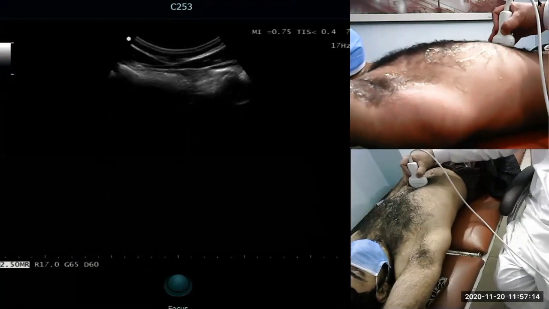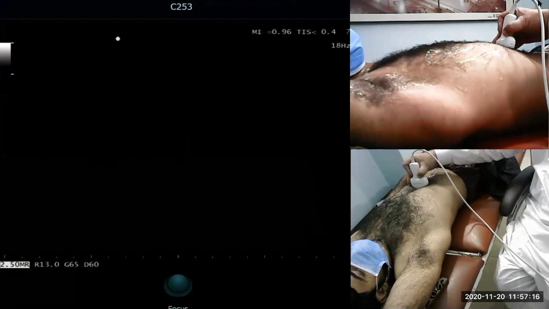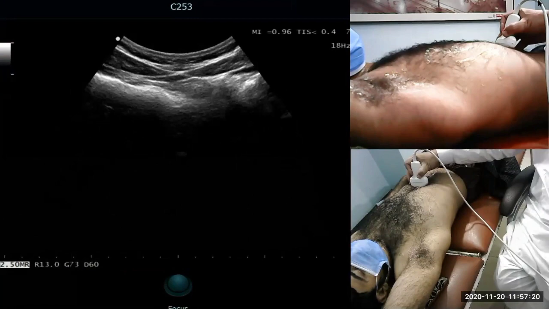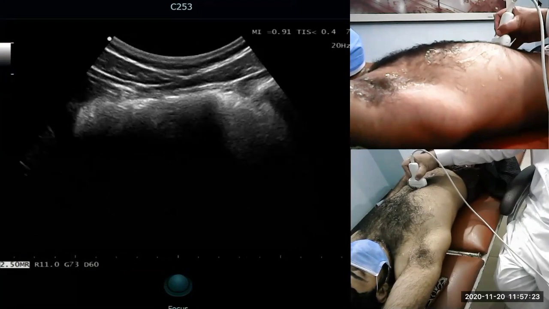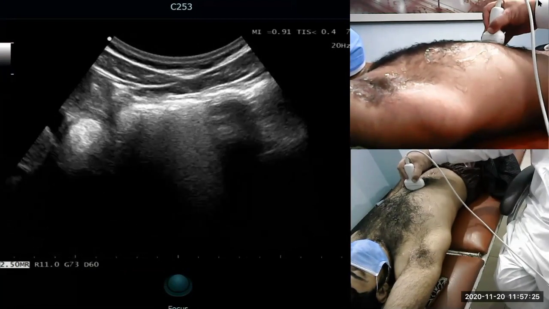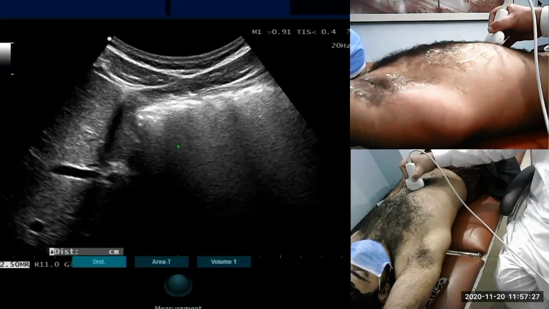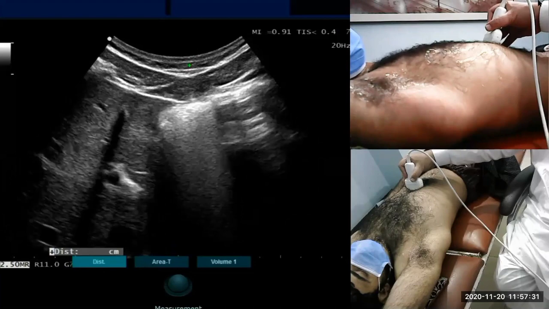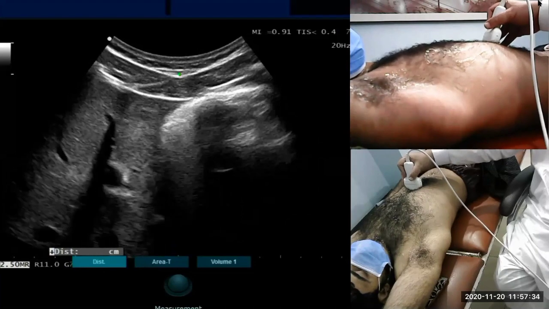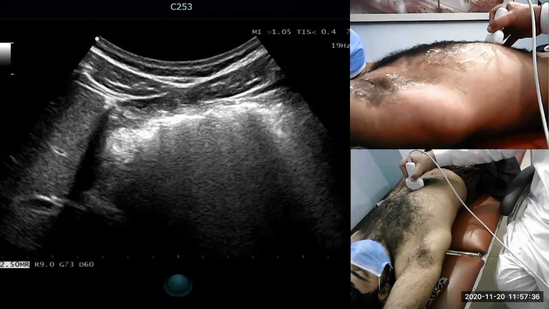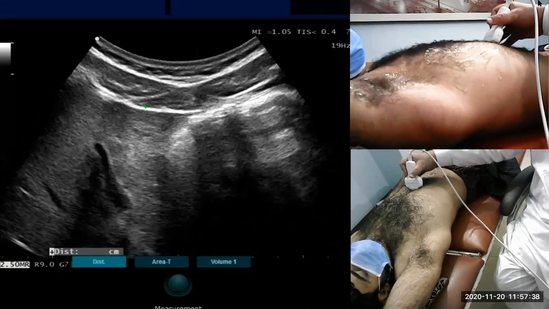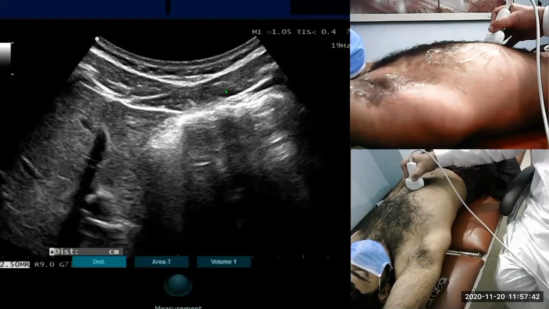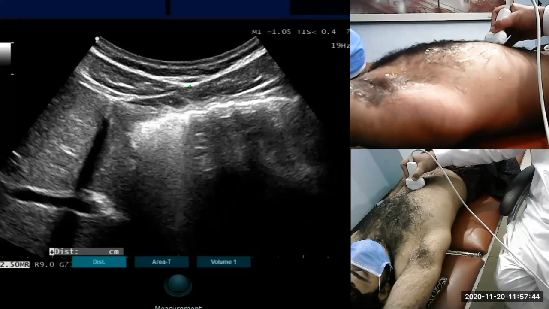So, especially in females, we would like to see any hernia in the anterior abdominal wall, asymptomatic. There you see the skin, the subcutaneous fat. This is the right rectus, the left rectus. And this is the linea alba.